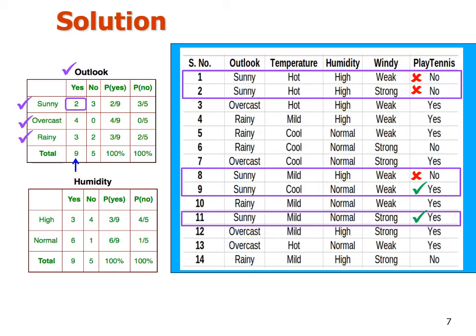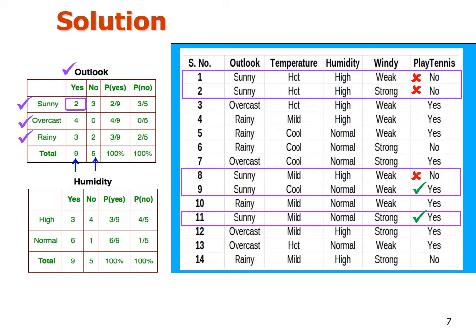So overall 9 instances, and similarly the sum of column no is 5, meaning the total number of instances for which play tennis value is no. I hope you must have understood how we have computed these values for attribute outlook.